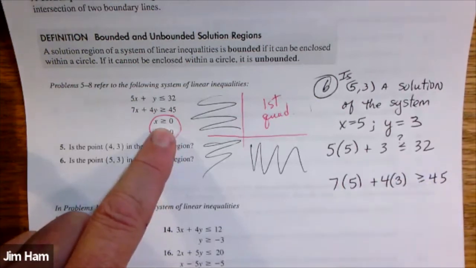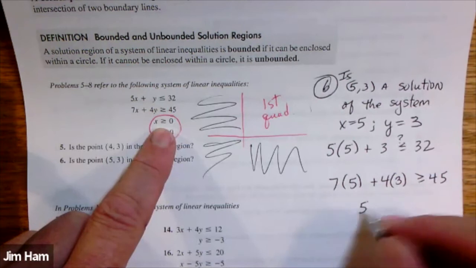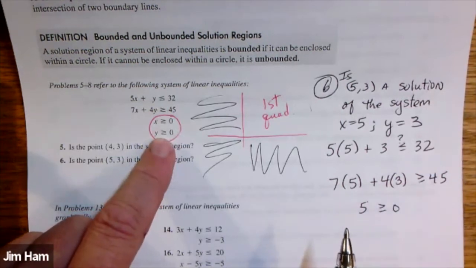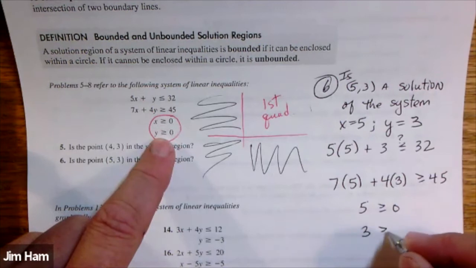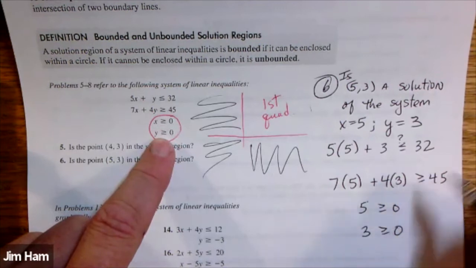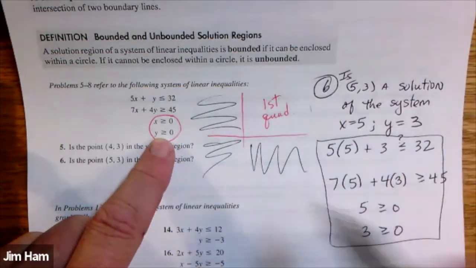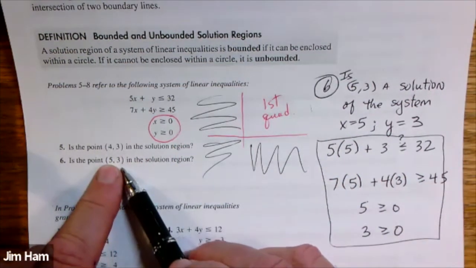Now this next one, x is greater than or equal to 0, there's no y in there, so we only use the x coordinate, 5, greater than or equal to 0. And in the last inequality, there's no x, but there is a y. The y coordinate is 3, greater than or equal to 0. So you have to check all 4 of these. And if all 4 are true, we're going to say that the point 5, 3 is a solution.